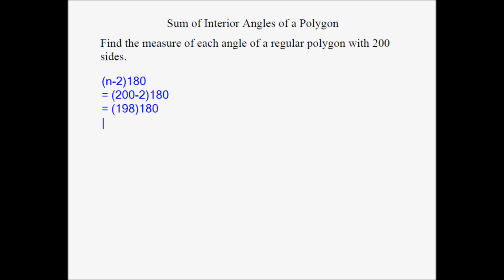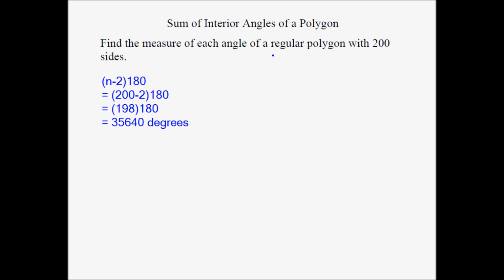And again, I'm going to use my calculator. 198 times 180 is a large number, 35,640. Now, let me put the equal sign here. All right, so this is in degrees. This is the measure or the sum of all 200 angles.